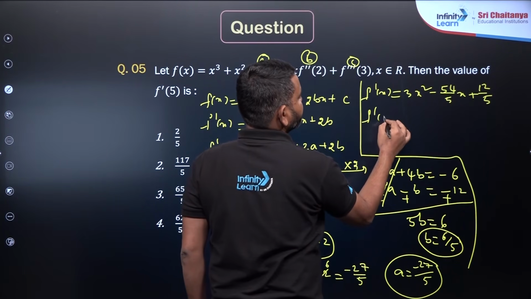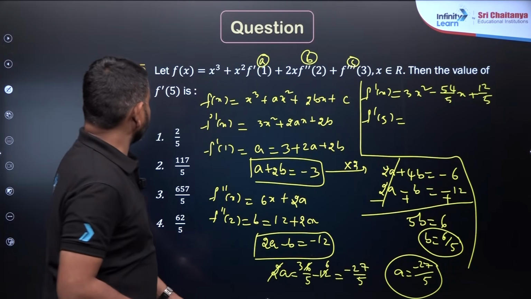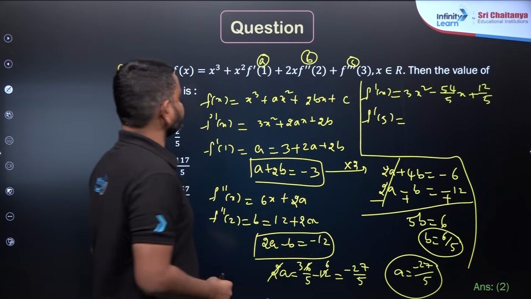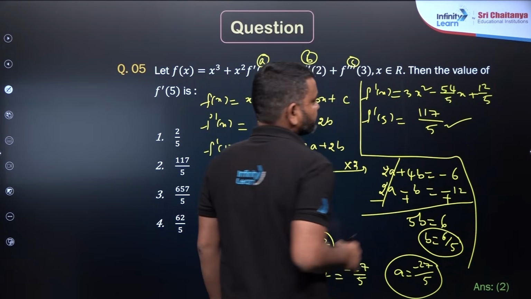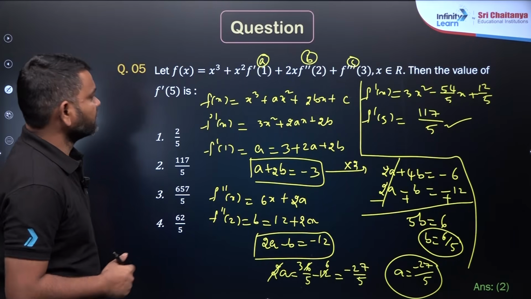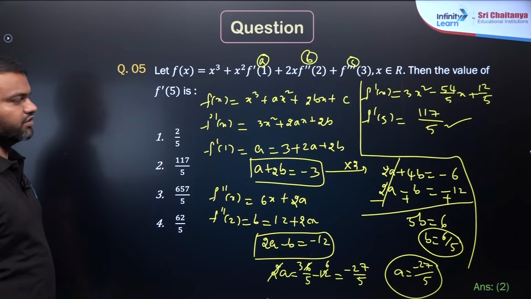Now substitute 5 in f dash, do the simplification, and you will get the answer 117 by 5. Alright, this is one type of question. Good. Next one.